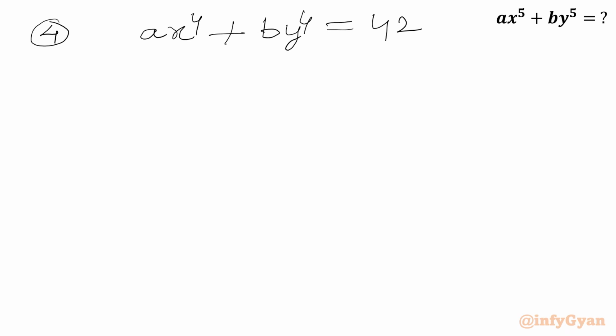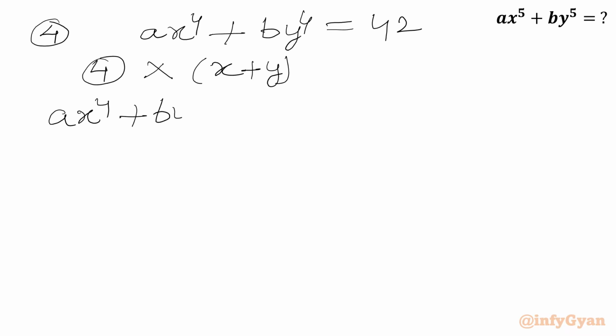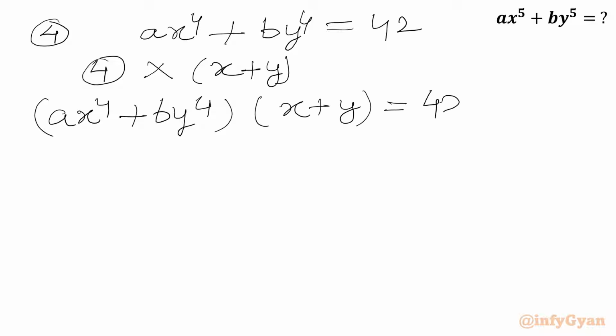Multiply both sides by x plus y. So we will write equation 4 times x plus y, which will give us (ax⁴ + by⁴) times (x + y) equal to 42 times (x + y).